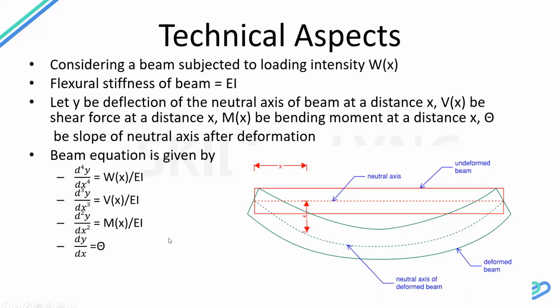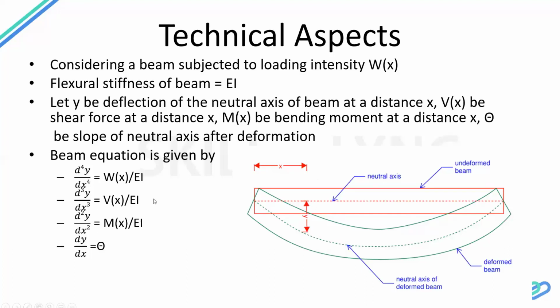So we have these conditions. The fourth differential of the vertical deflection curve with respect to x, d4y/dx4, is equal to the loading intensity w(x) over EI, where E is the modulus of elasticity of the beam and I is the moment of inertia. That's a very basic one. If you integrate it once with respect to x, you get the third differential of the vertical displacement, d3y/dx3, which gives the shear force at a given section in a beam.